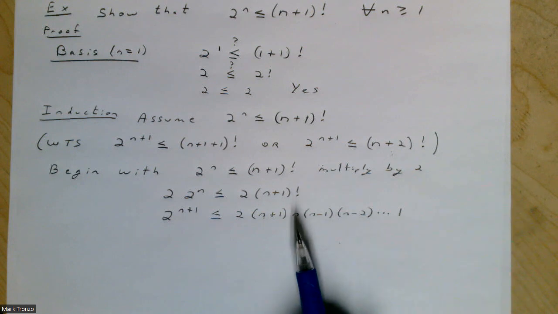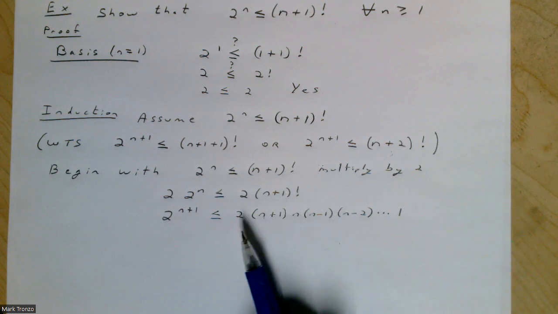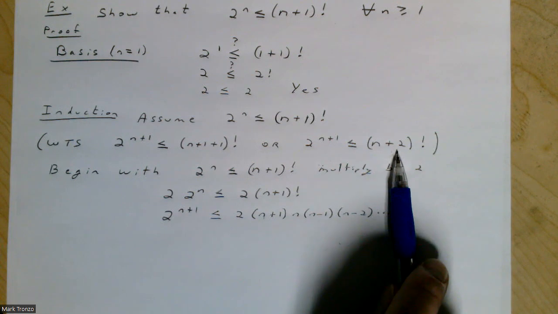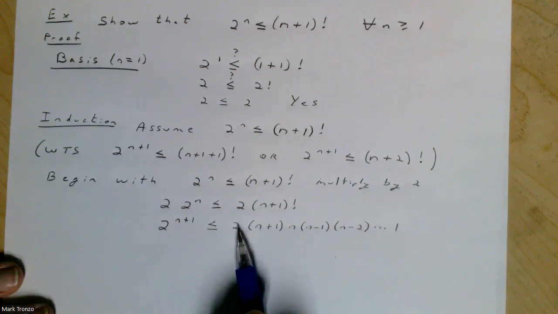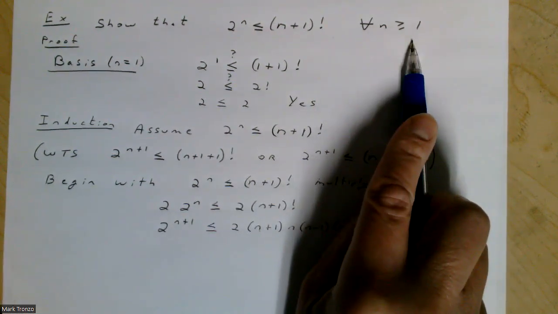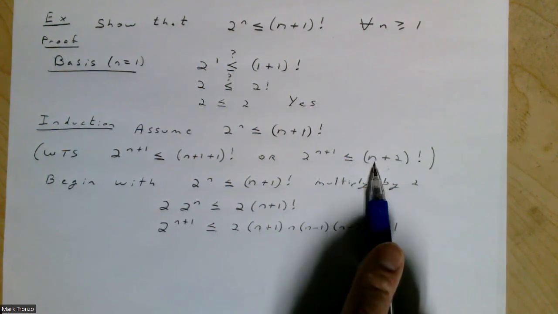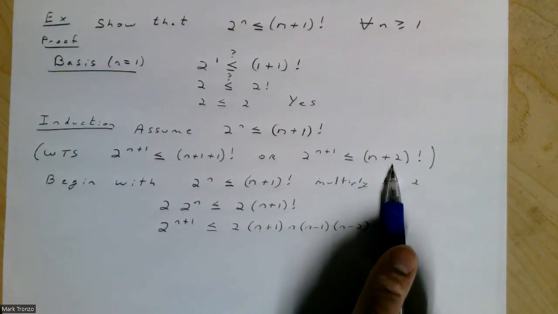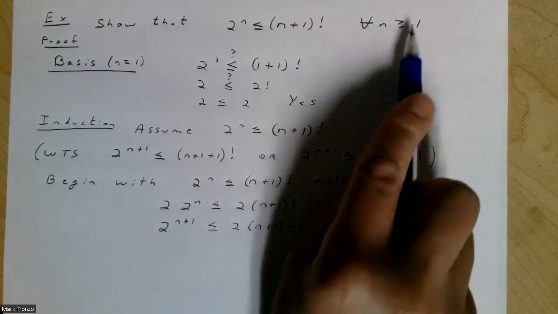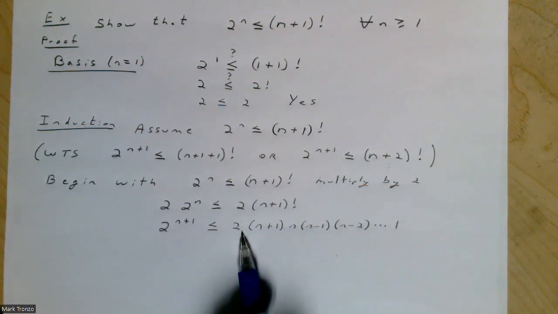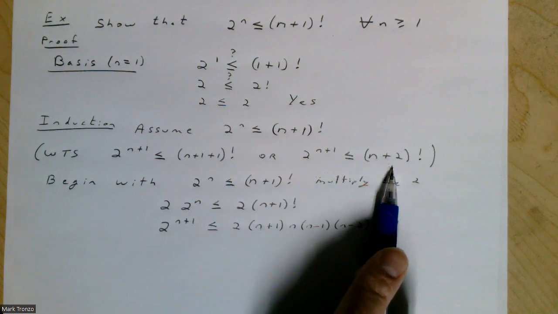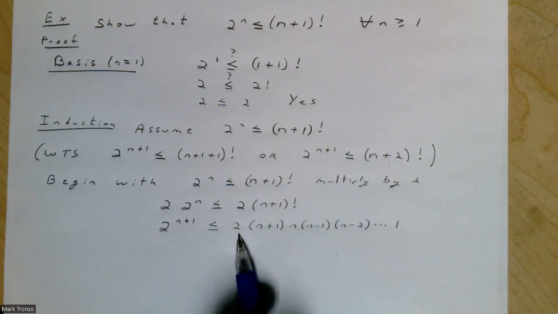Note that n plus 2 is always going to be greater than or equal to 2, because n is always greater than or equal to 1. In other words, the smallest n plus 2 could be would be 3. So this n plus 2 is always going to be greater than 2.